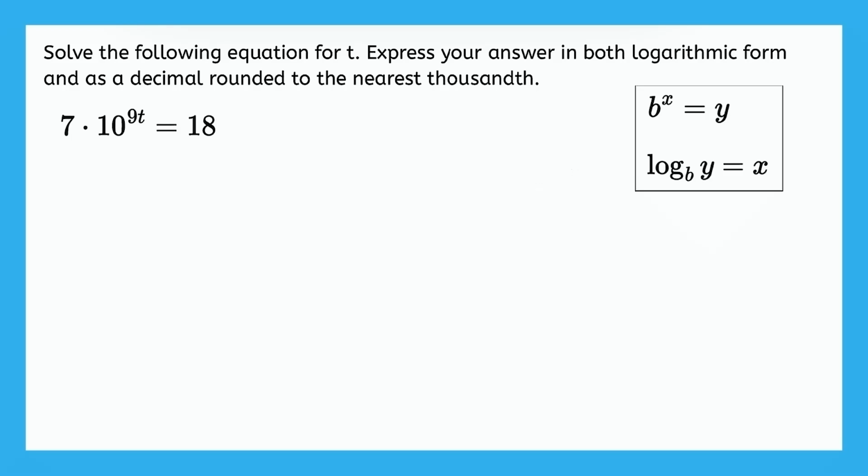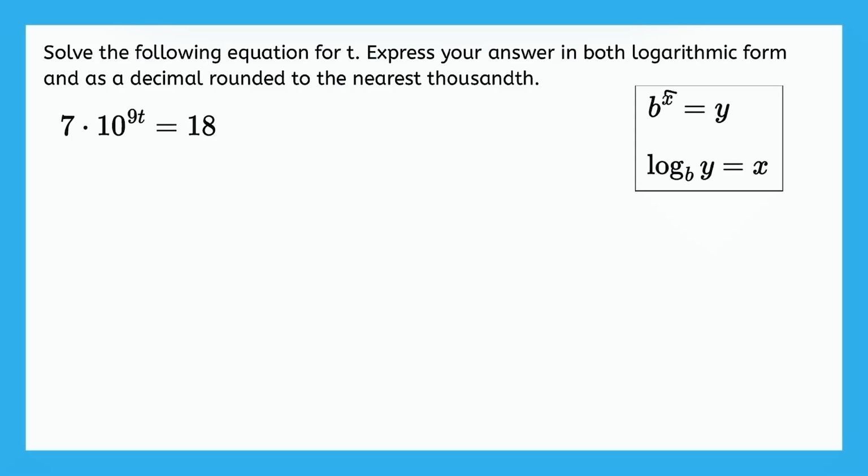All right, so we have 7 times 10 to the power of 9t equals 18. And when I see an equation like this, I think about, okay, I want to get at least 9t alone, and then eventually I want to get t alone. How could I do that? Well, let's look over at our guide.